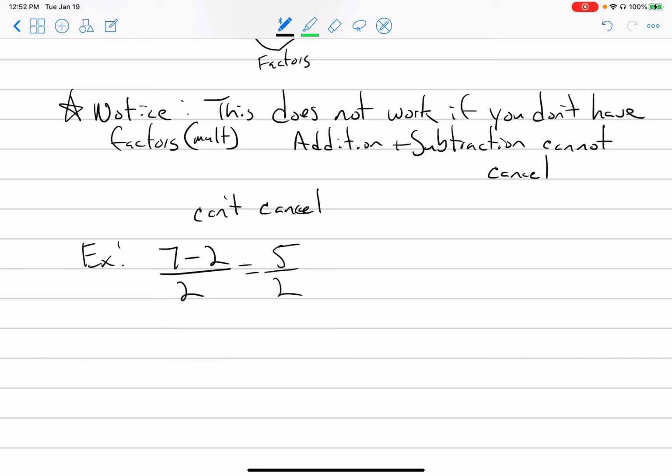But look, if I cancel 7 minus 2 over 2, if I was to cancel these, now I get a final answer of 7. This and this are not the same. They're not equivalent. So that proves that canceling doesn't work.